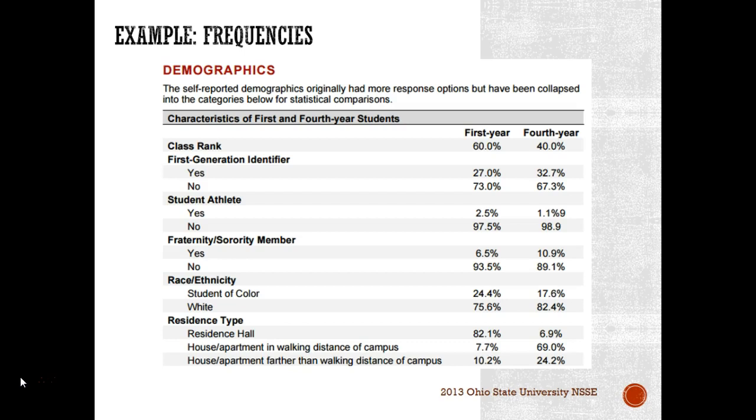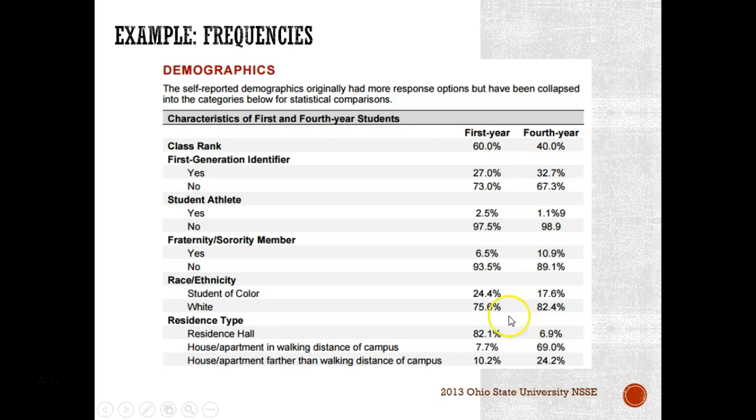So you can see pretty quickly that 60% were first year students and 40% are fourth year students. That's easy to see. If you're looking for how many students were first generation, we can look right underneath it: in the first year students, 27% are first gen, and just under 33% in the senior class.